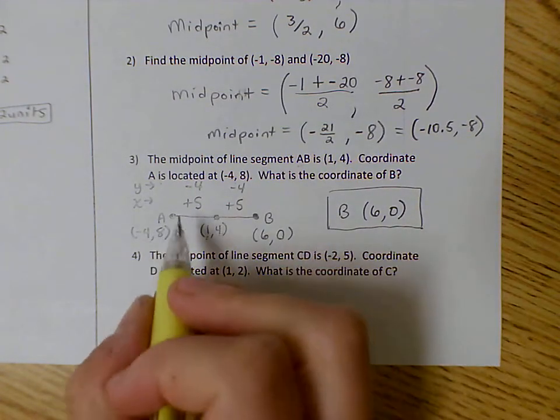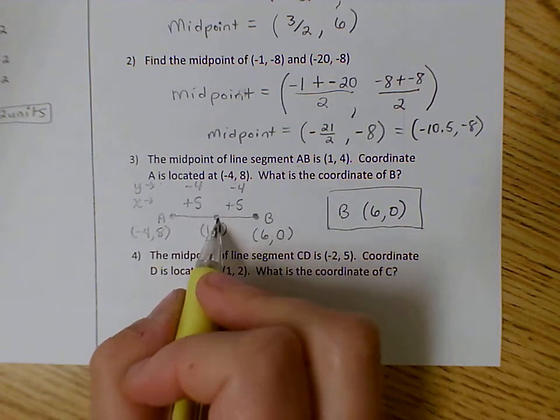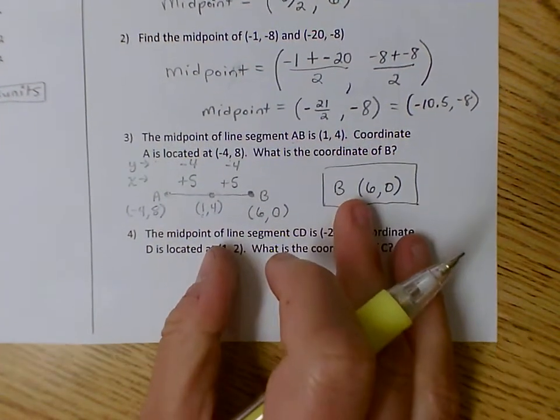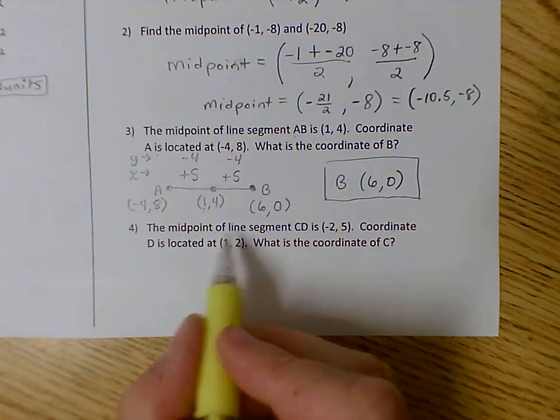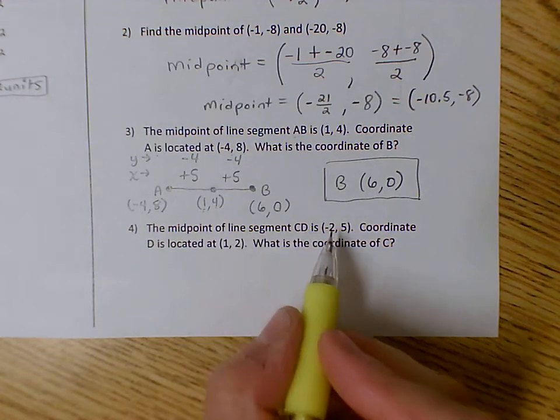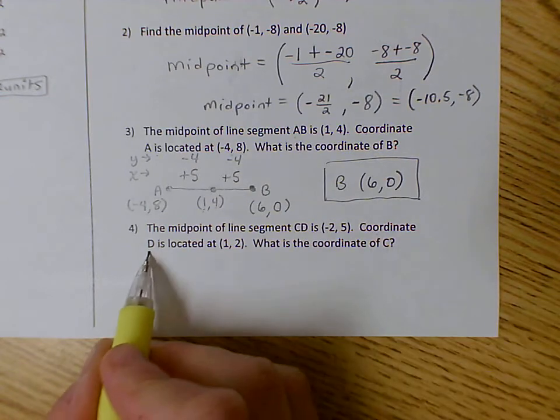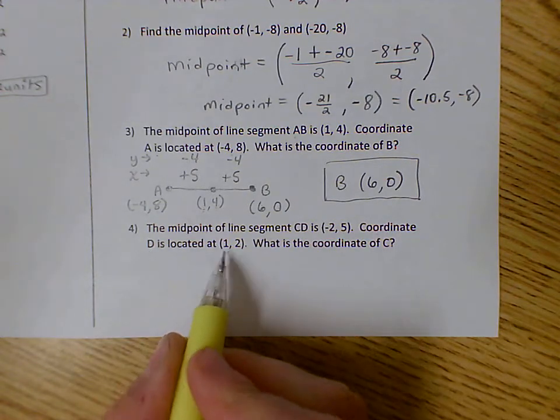So you think through, what did I do to go from here to here? And you do the same thing to go from the midpoint to the end. Okay? So let's do one more of these. It says the midpoint of the line segment CD is negative 2, 5. It says the coordinate of D, so they're giving you the other point now, is at 1, 2.